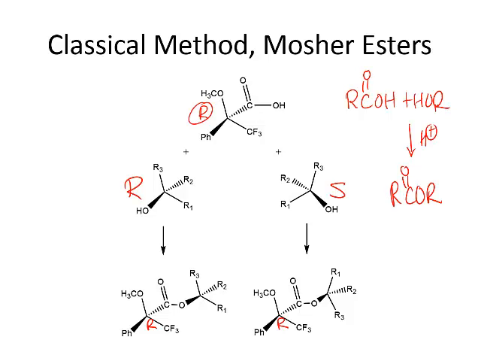When the R acid reacted with the R alcohol, we would form one molecule, and when it reacted with the S, it would form the other one with the S configuration. So these two are a pair of diastereomers. Because one chiral center is the same, the other chiral center is opposite.